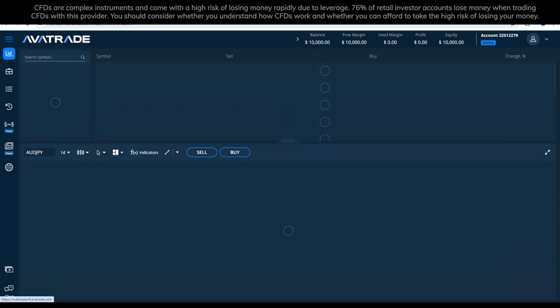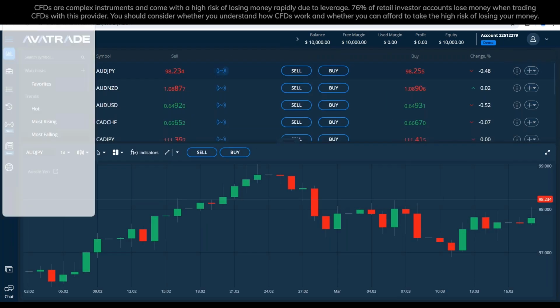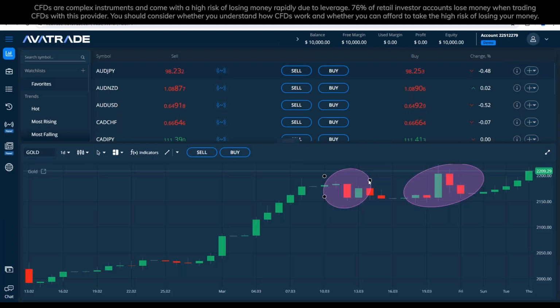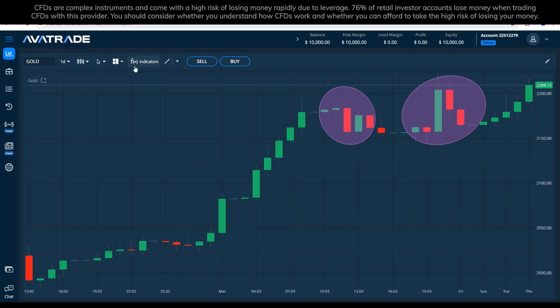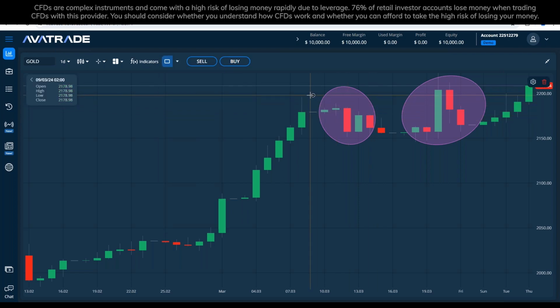Let's go back to the chart. Let's bring up gold again. Gold. I'm going to click on it, and expand it again. I'm also going to enable the crosshair, and click here on the arrow to place a rectangle starting from the 8th.